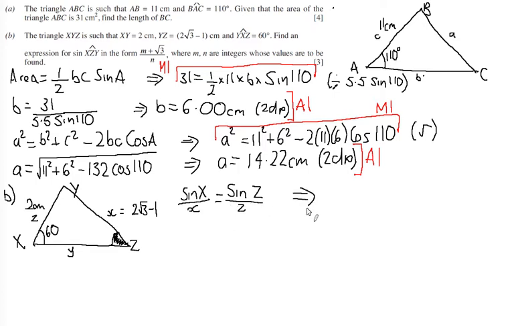So when we substitute in our values, sine of x will be sine of 60 over x, which we know to be 2 root 3 minus 1. We're then going to have equal to sine of z over the side z, which is 2.